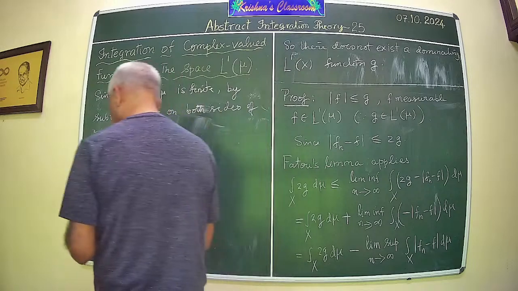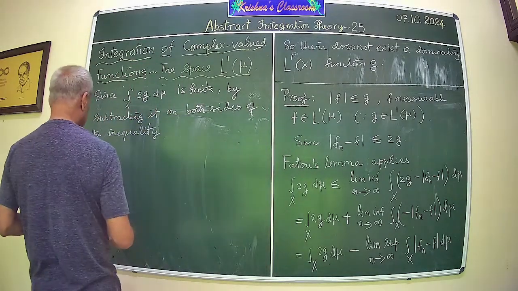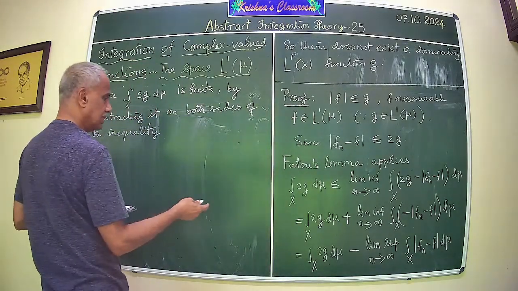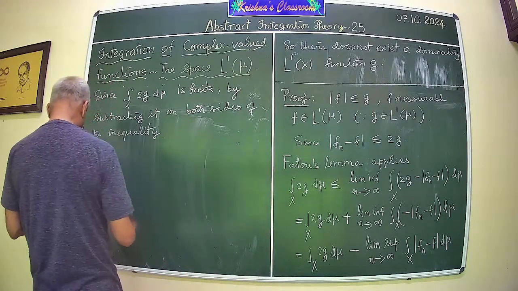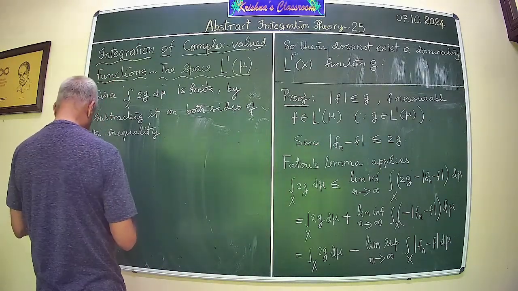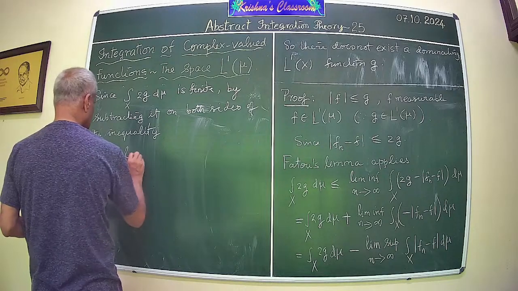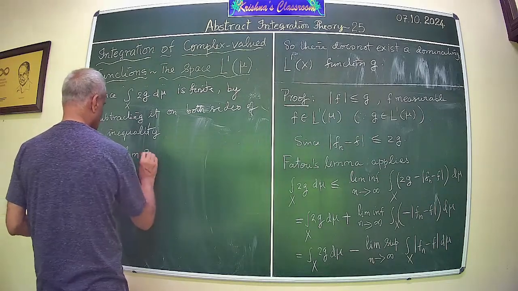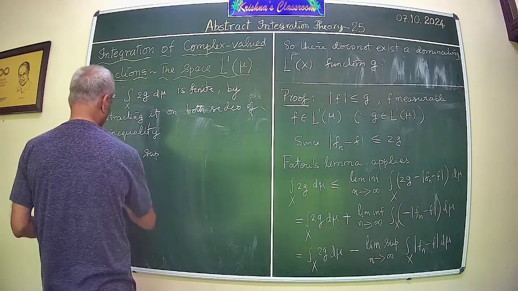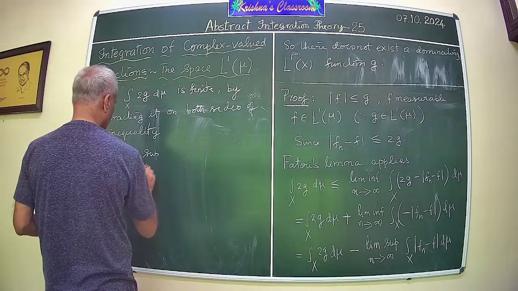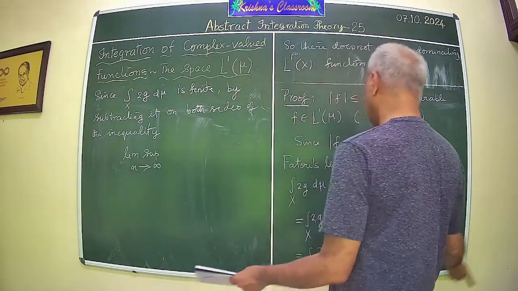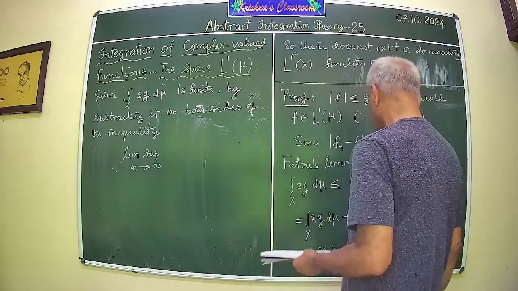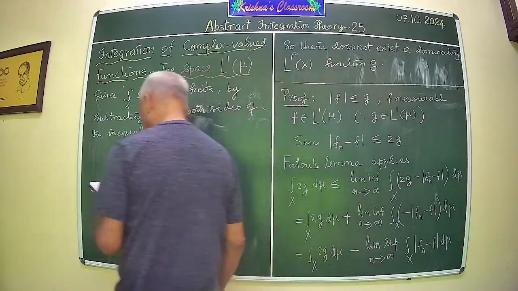We get 0 is less than or equal to minus of that, or you have limit sup. So you get 0 here, you just multiply by minus on both sides, so you get this inequality.